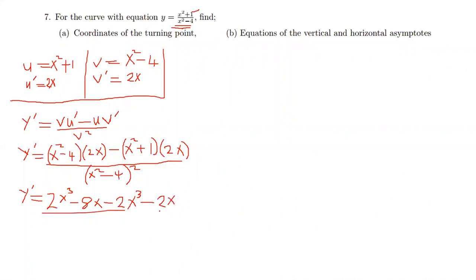Then you divide everything by, I'll just leave it the way it is. I'll just say x squared minus 4, then squared.